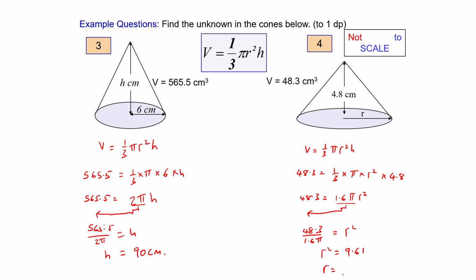R is going to be the square root of 9.61, which is 3.0998, which is approximately equal to 3.1. Units are centimeters again. Okay, good.